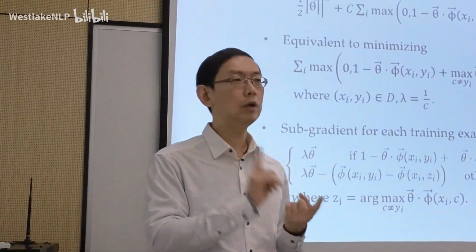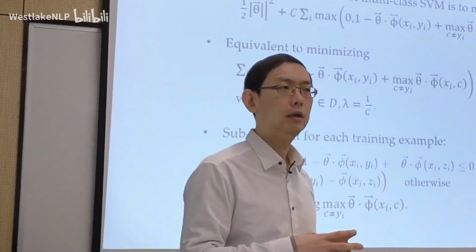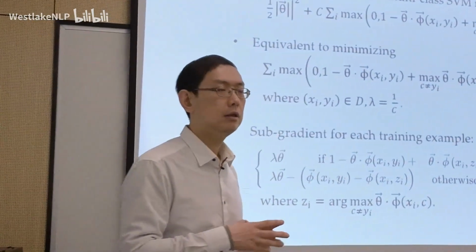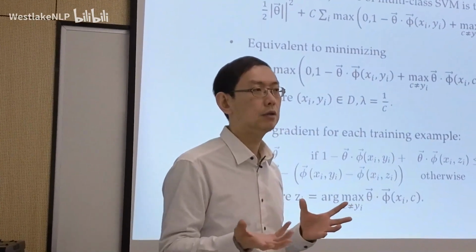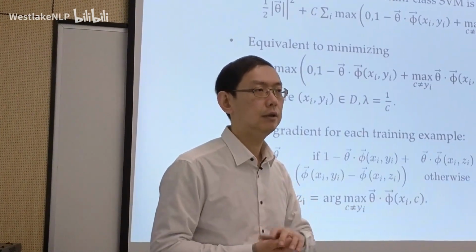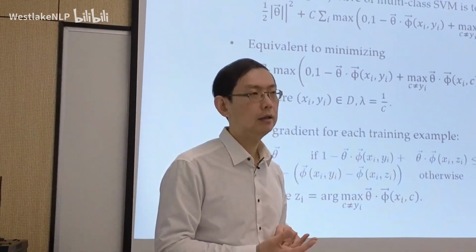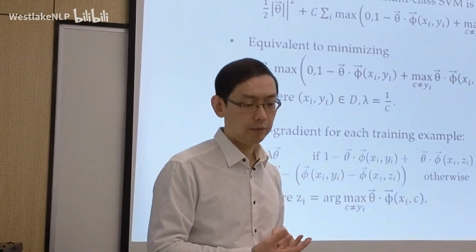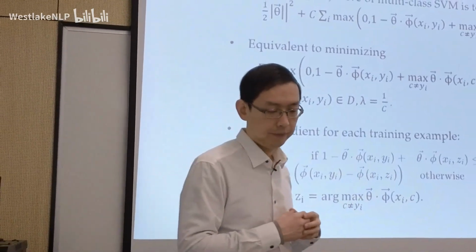We want the gold output to be scored at least 1 above the negative output, right? So if it is above 1 plus the negative instance score, then we're fine. We don't have a violation. So that's the max sign. But if it is smaller than that, we have a problem. We have to minimize this violation. So this is the second term.